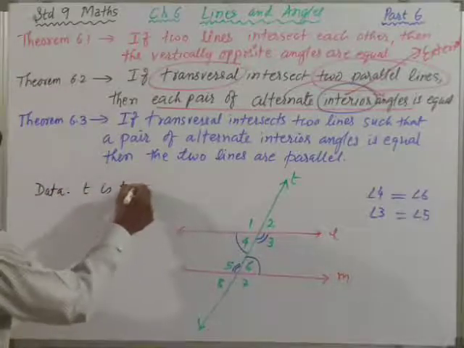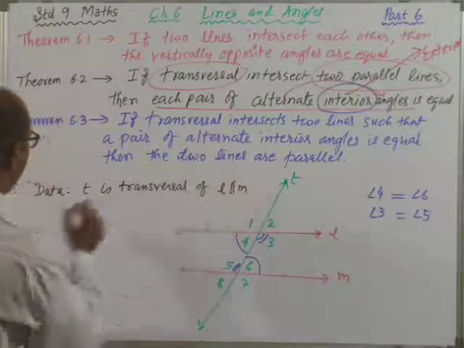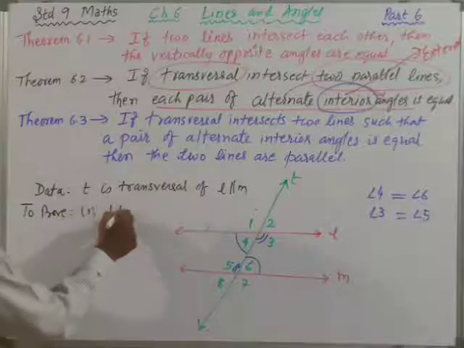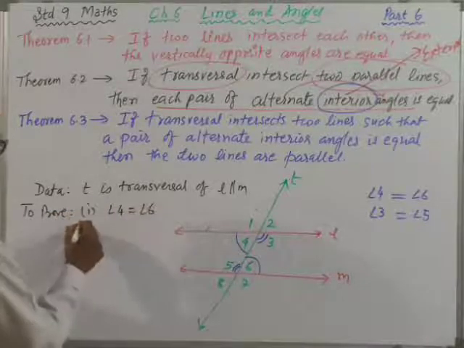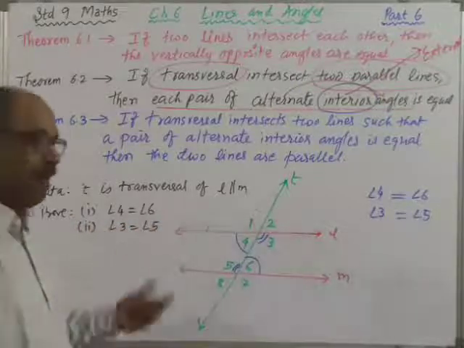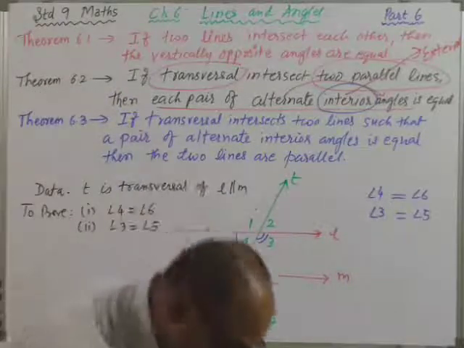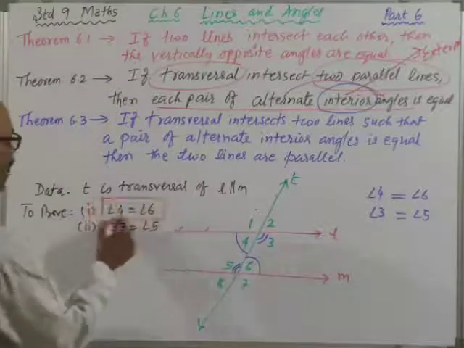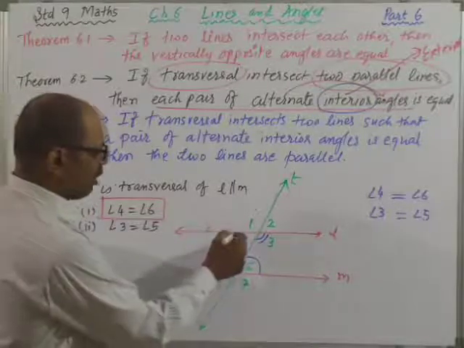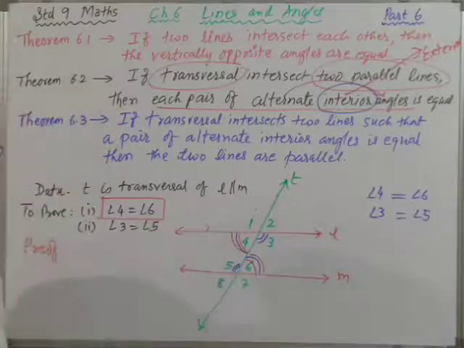T is a transversal of L parallel to M. To prove: first, angle 4 is equal to angle 6, or second, angle 3 is equal to angle 5. Correct? These are 2 pairs of angles. Each pair is equal. You have to prove it. Let's focus on this. Proof. Let's focus on 4. Here is 4, and 6. Here is 6. Correct?